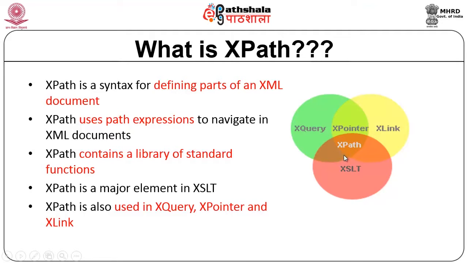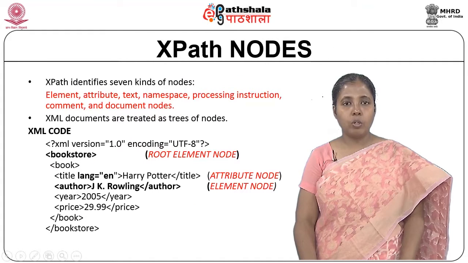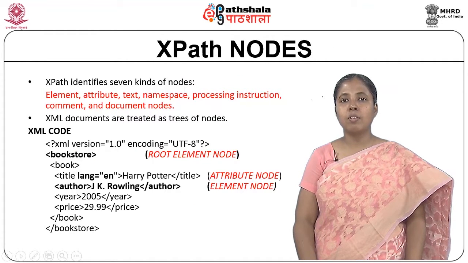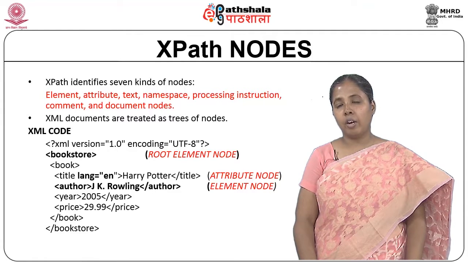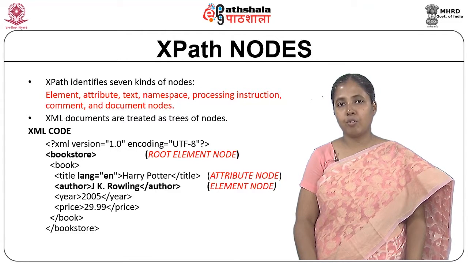We can see in the diagram that XPath works with XSLT, XQuery, XPointer and XLink. XPath is widely used in XQuery, XPointer and XLink, and it is also a major element in XSLT. So, let us see how XPath forms the query string.